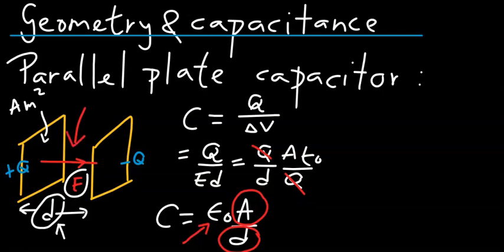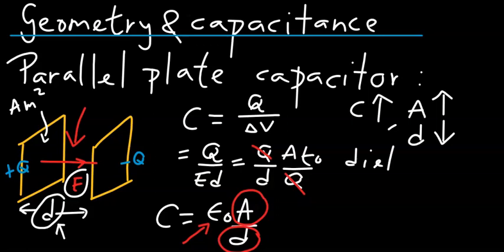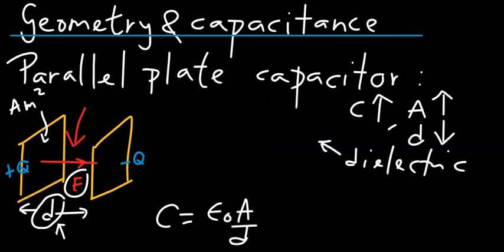In this case, it's vacuum. So you see the capacitance increases if the area increases, if the separation distance decreases, and if we place some material in the region between them, namely a dielectric. A dielectric is an insulating material such as rubber or plastic or waxed paper, to name a few.